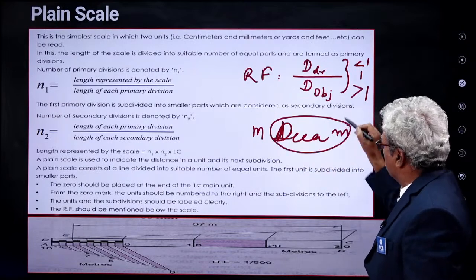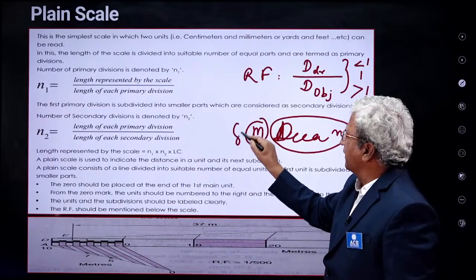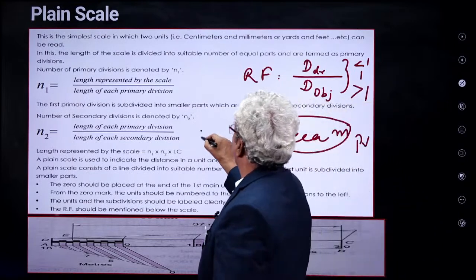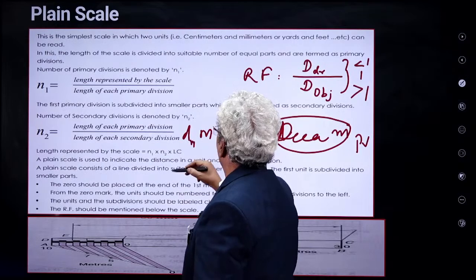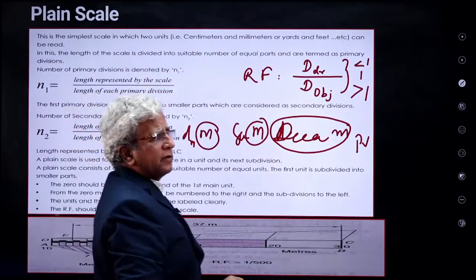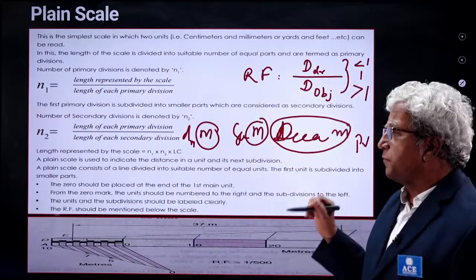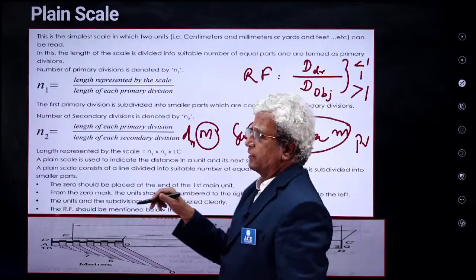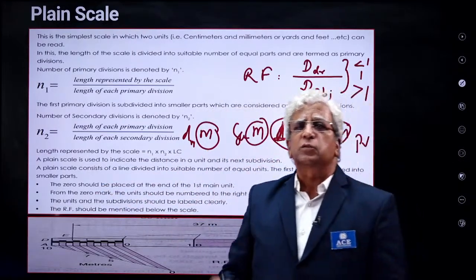Decameter is bigger one. So this is primary unit, this is secondary unit. Whereas if you want to measure meters and decimeters, which is bigger one? Meter is bigger one. This becomes primary unit, decimeter becomes secondary unit. Similarly, if you want to measure decimeters and centimeters, decimeter becomes the primary unit, centimeter becomes smaller one.